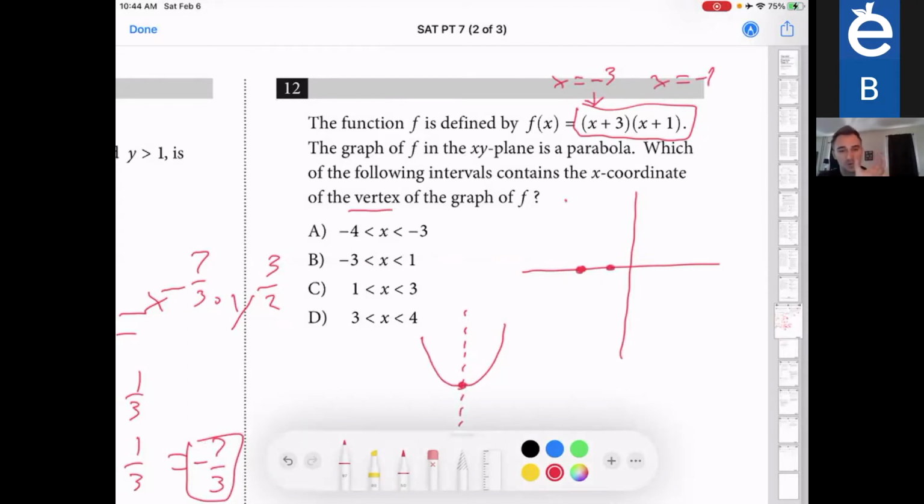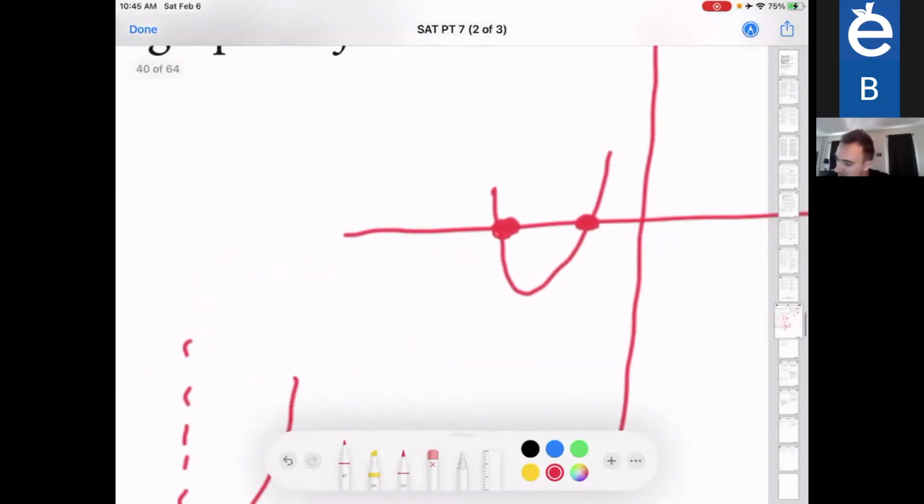And I know that both of these points should be right on the opposite sides of my parabola. My parabola must be something like this, right? And clearly I can see that my vertex right here must be between these points, -3, 0, and -1, 0.